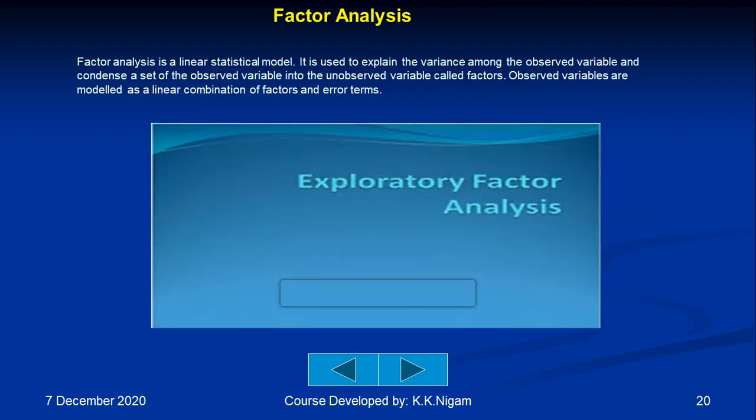Factor analysis is a linear statistical model. It is used to explain the variance among the observed variables and condense a set of observed variables into unobserved variables called factors. Observed variables are modeled as a linear combination of factors and error terms.